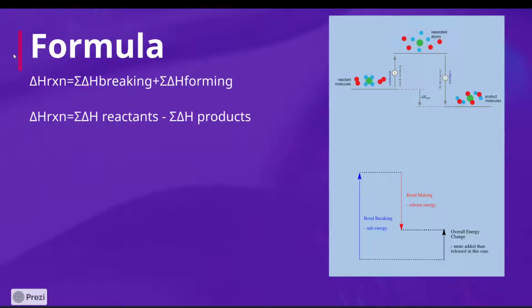So, as an example here, this is another way of showing what's going to happen, where we're talking about the total delta H for the reaction being the summation of all of the delta H of the bonds breaking plus the summation of all the change in enthalpy of the bonds forming.